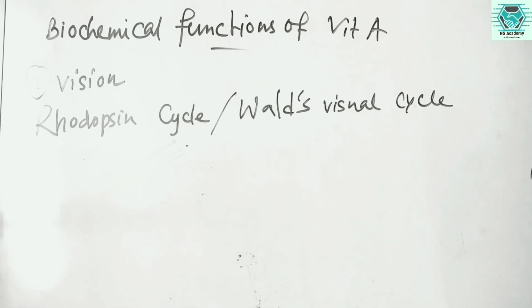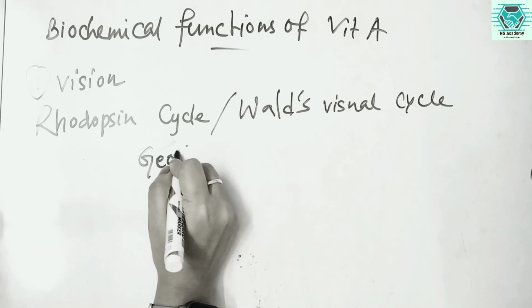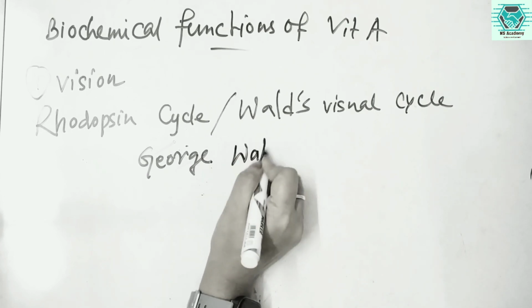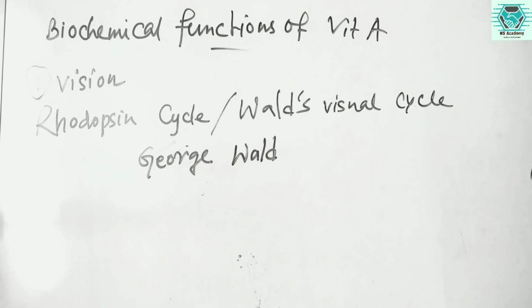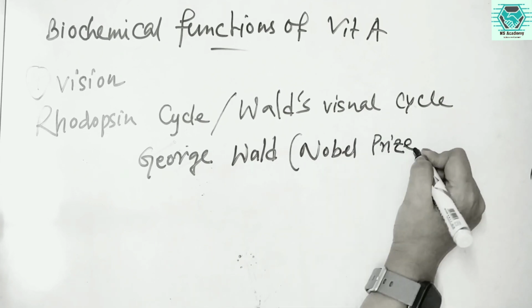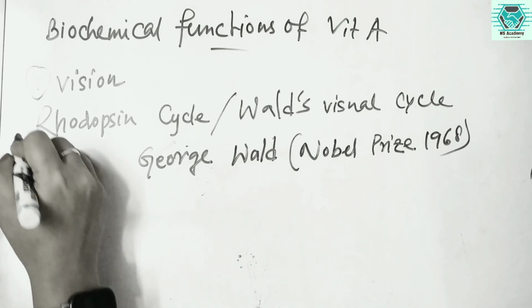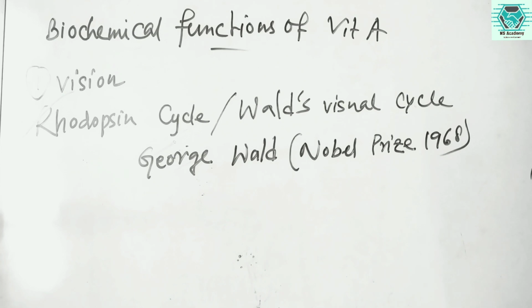The biochemical function of vitamin A in the process of vision was first elucidated by George Wald, who received the Nobel Prize in 1968. The events occur in a cyclical process known as the Rhodopsin cycle, also known, after the scientist, as Wald's visual cycle.